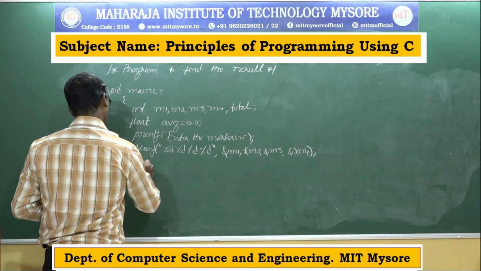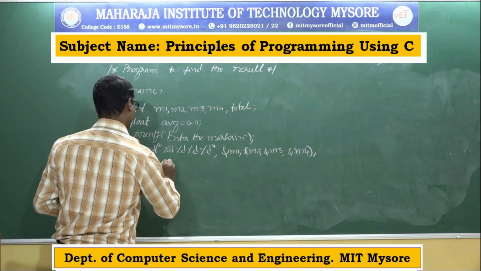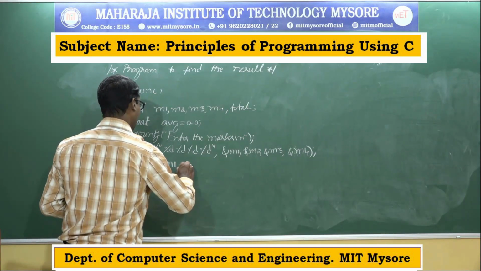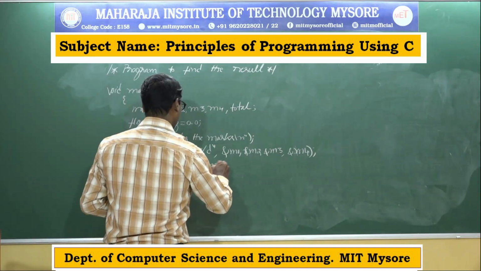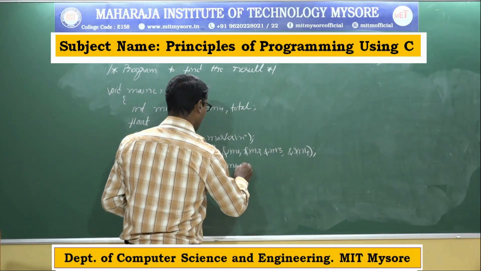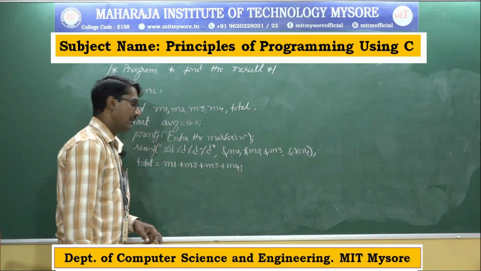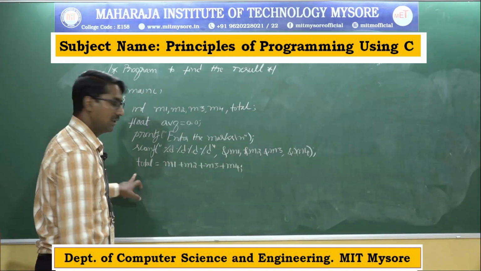So total is equal to M1 plus M2 plus M3 plus M4, then semicolon. Okay. After finding the sum, we need to find the average value.